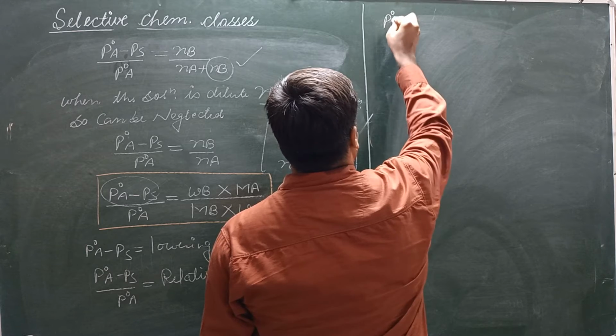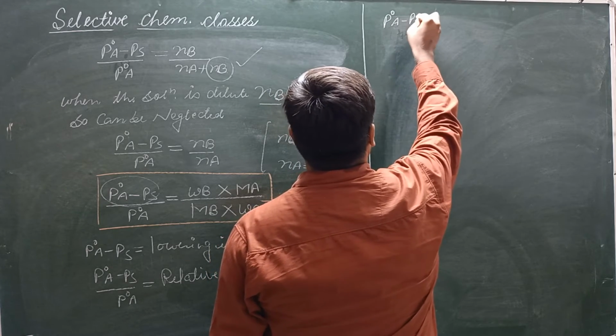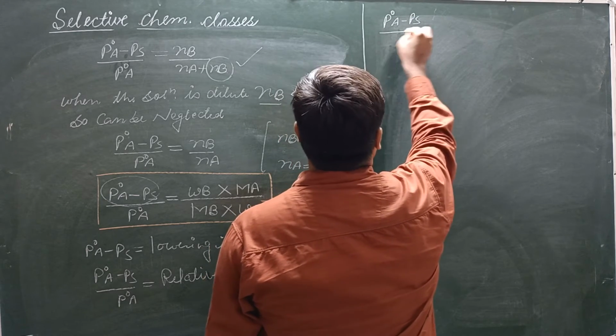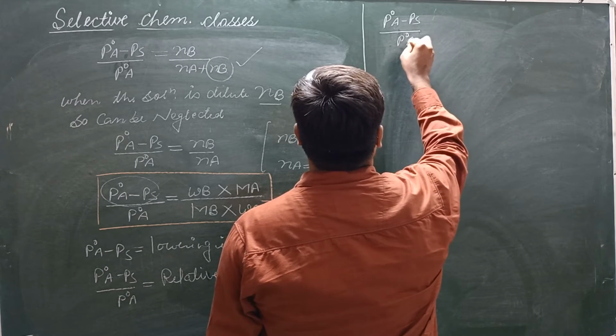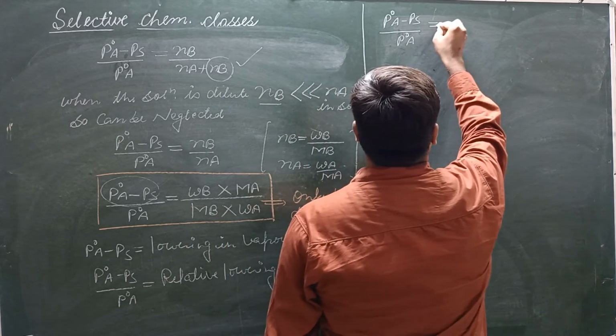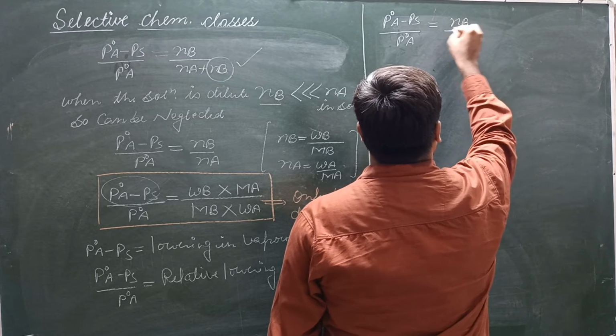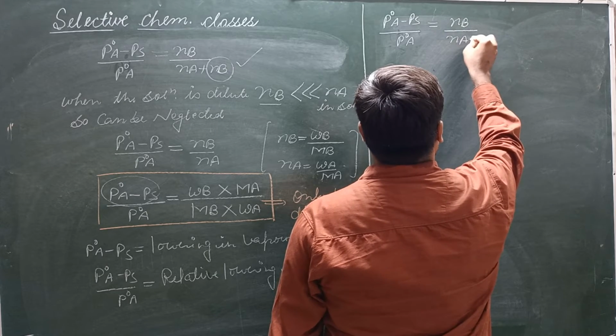We have P naught A minus PS divided by P naught A equal to NB by NA plus NB.